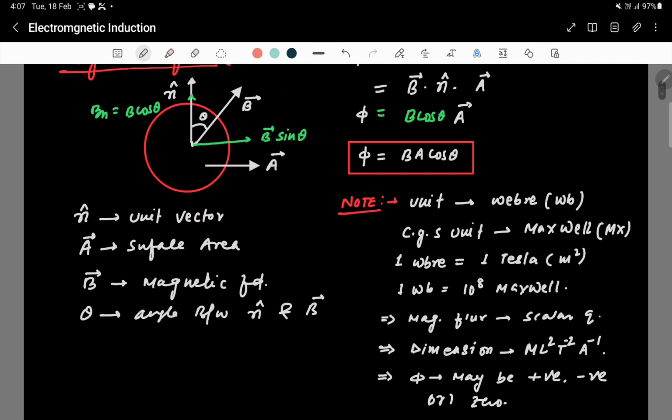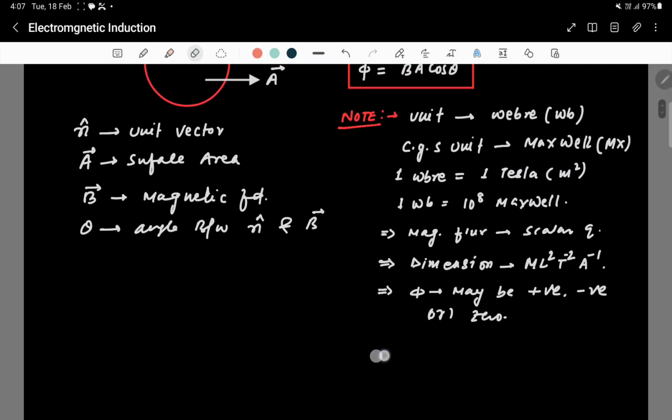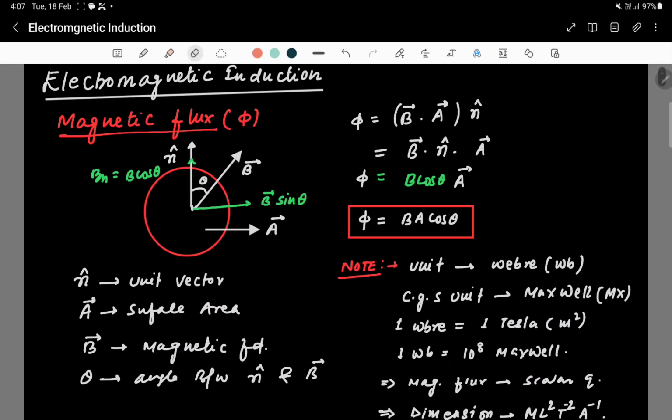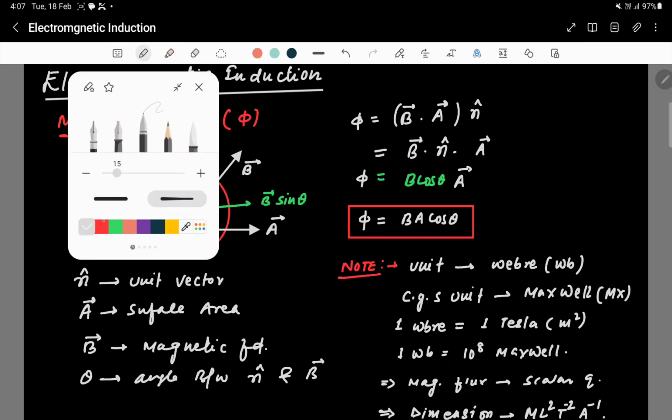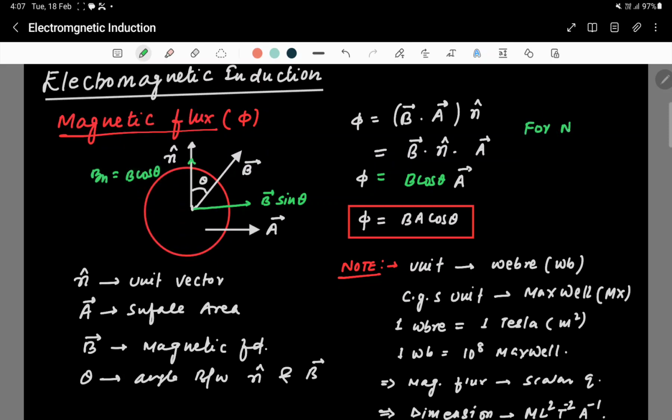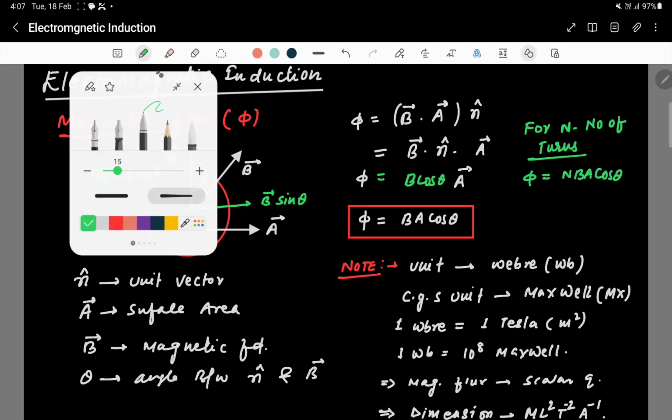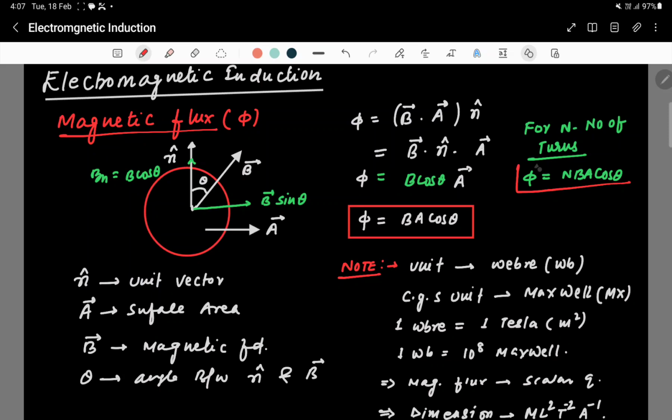See, now we can write here for n number of turns, phi equal to क्या बेटा, n B A cos theta. Understood? Yes, sir. समझ में आई बात? Yes.